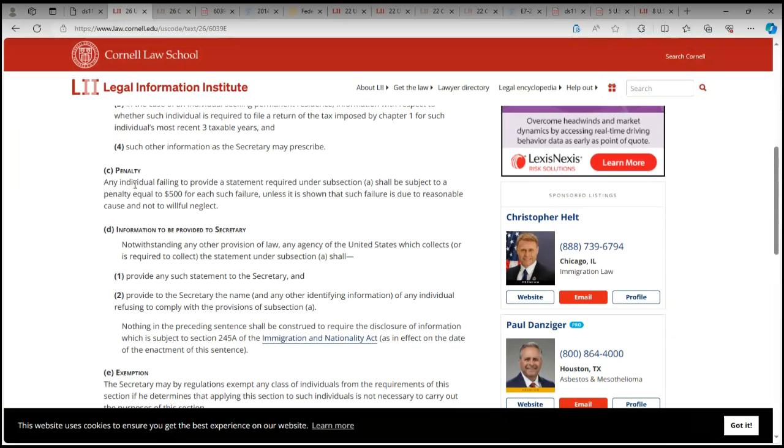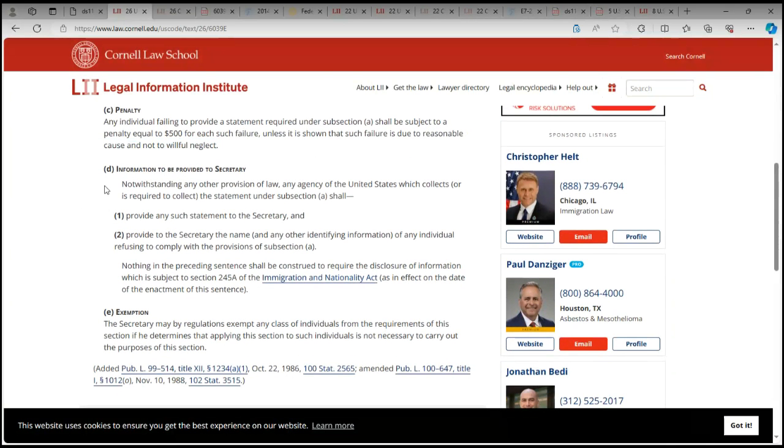Penalties. Any individual failing to provide a statement required under subsection A shall be subject to a penalty equal to $500 for each such failure, unless it is shown that such failure is due to reasonable cause and not willful neglect. So there's a catch. Information to be provided to the Secretary.